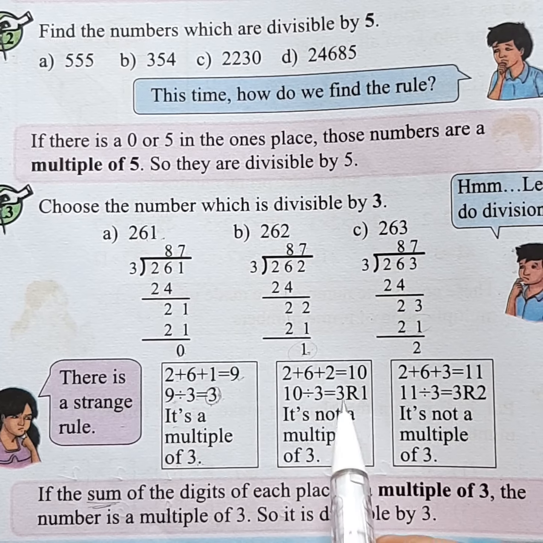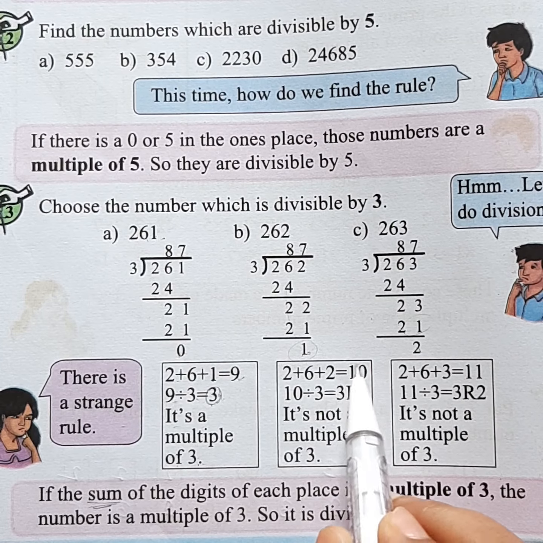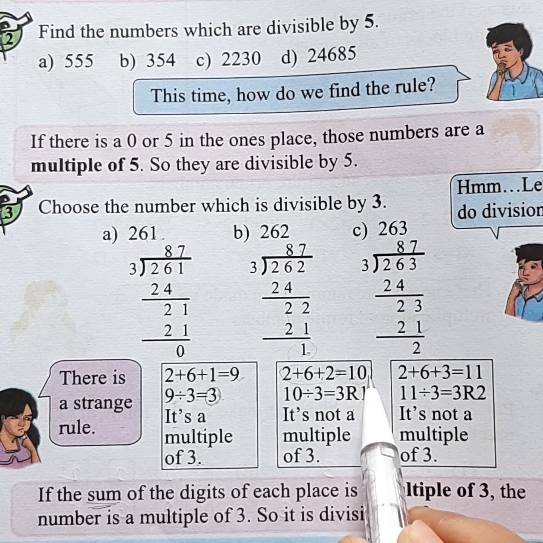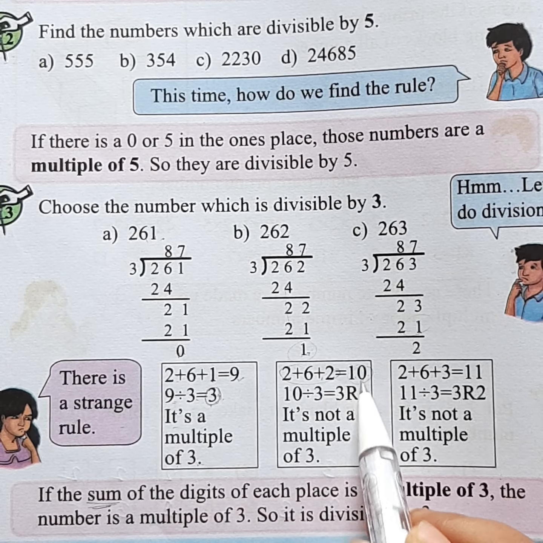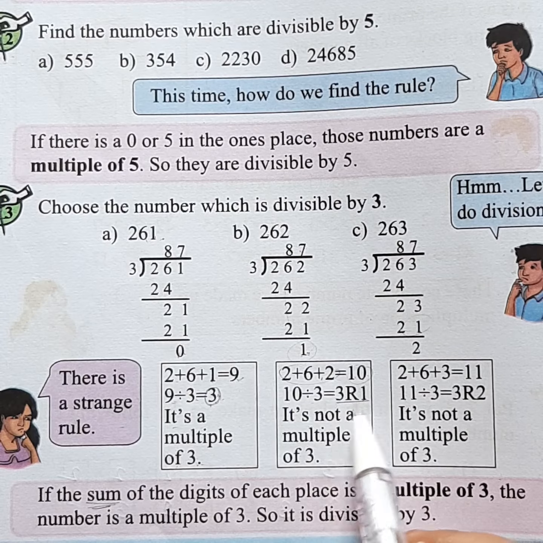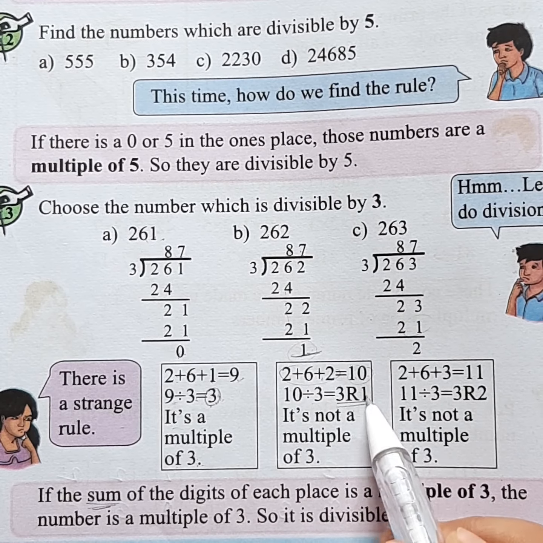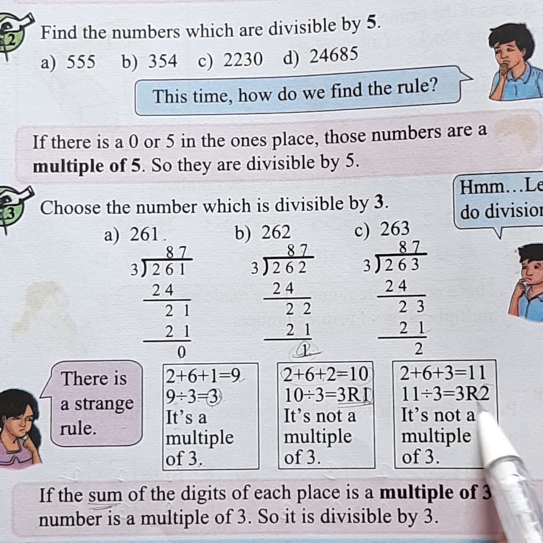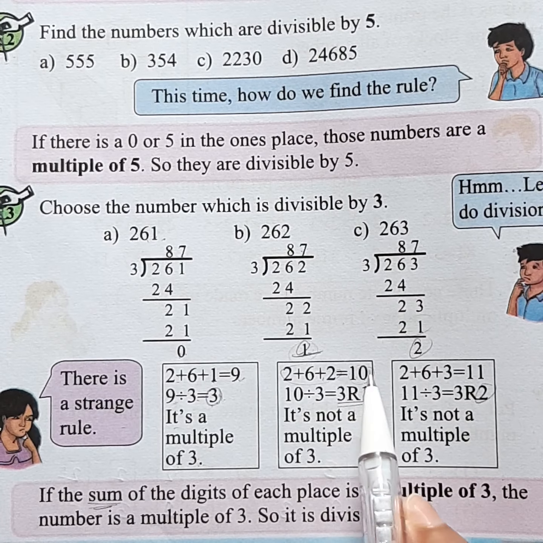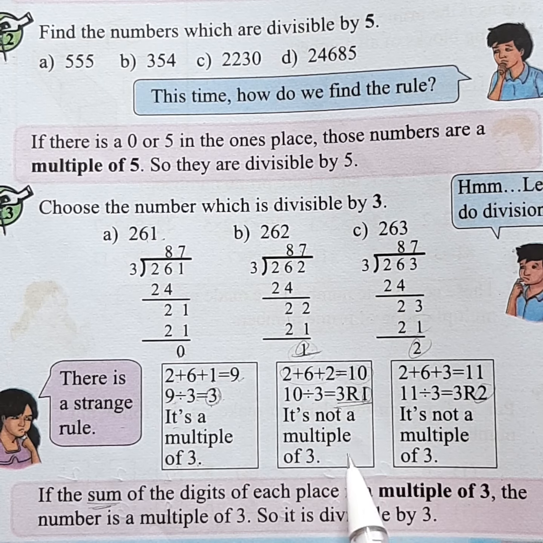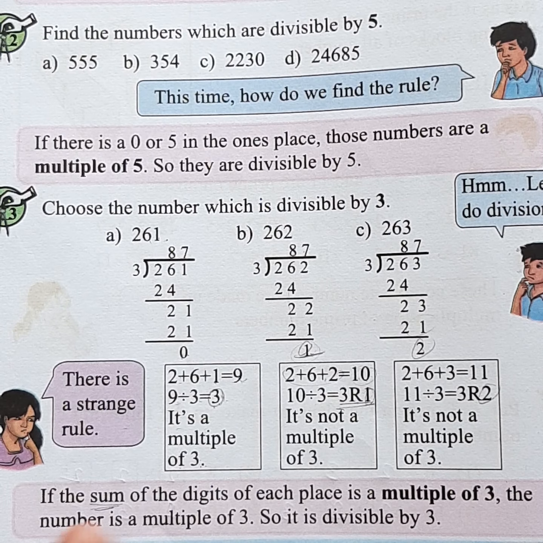This one is 3 remainder 1. As we are dividing, we have done the addition over here and we are dividing the 10 with 3, and you can see there is a remainder. Here is also a remainder. Okay, see the similarity between this. So this one cannot be divided with 3, so it's not a multiple of 3.